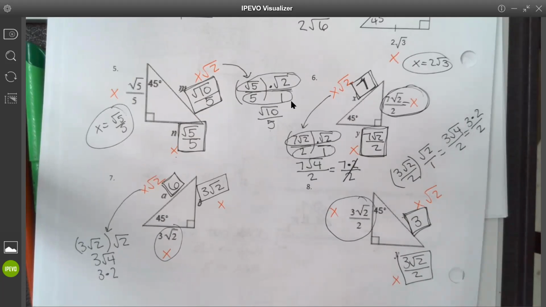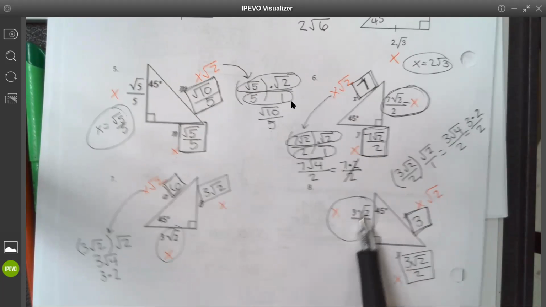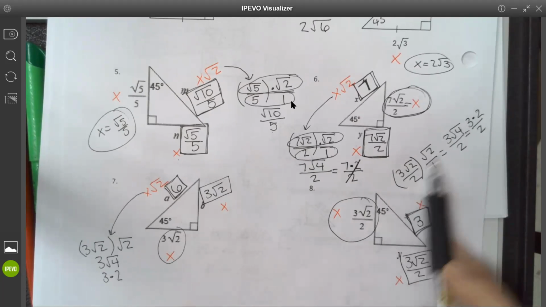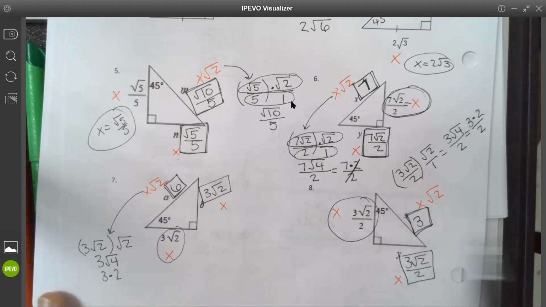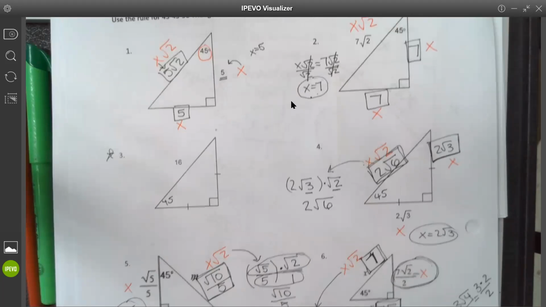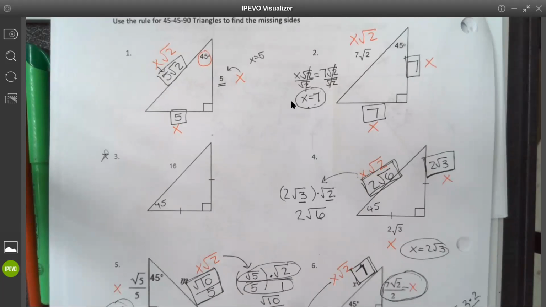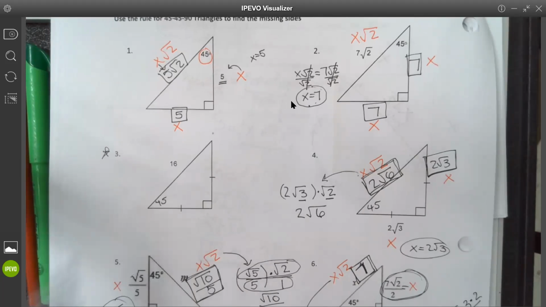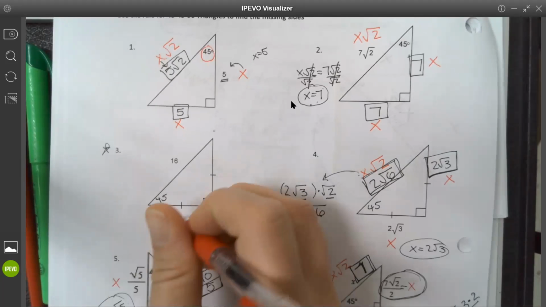Okay. I kept the hardest one for last, so we got to go back and look at 3. So this kind of stinks when I have a rad in my side, so I got to do some quick math here to figure out this side. The worst case scenario on these 45, 90s is you're given the hypotenuse, and the hypotenuse isn't in an easy format.